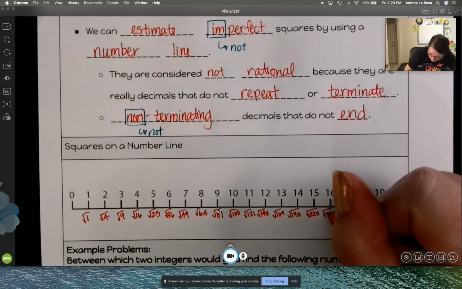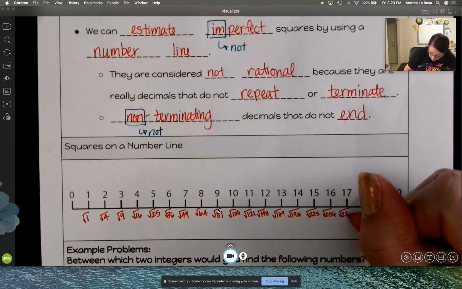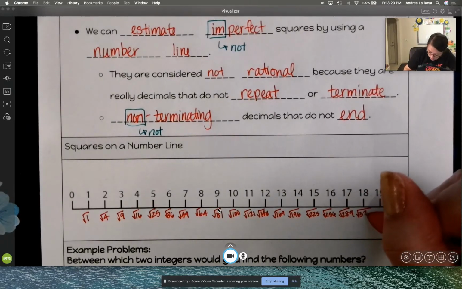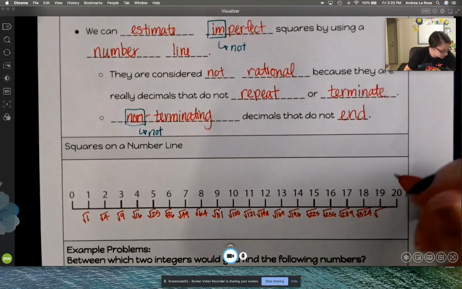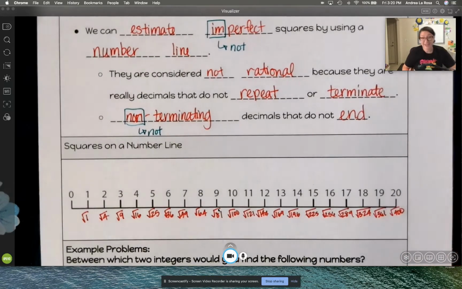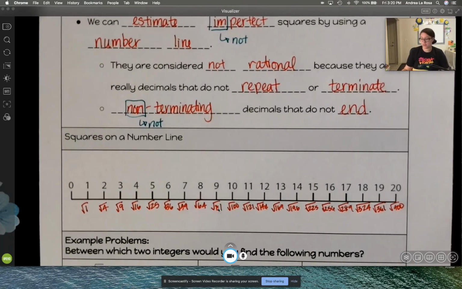There we go. So those are our perfect squares.